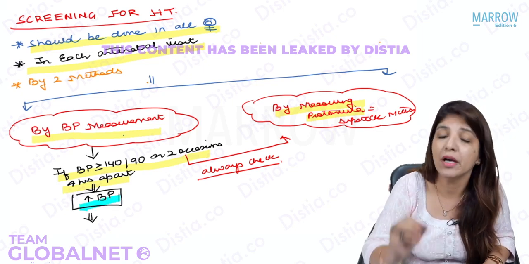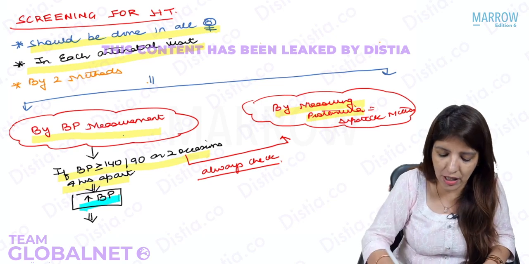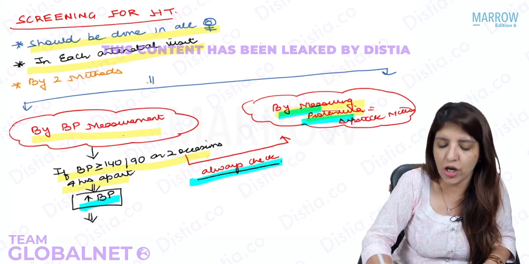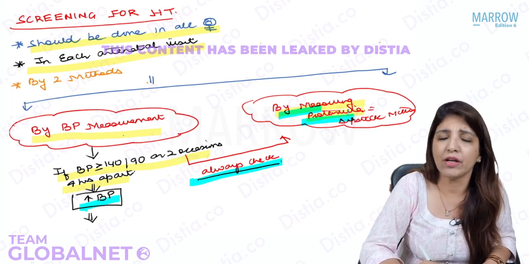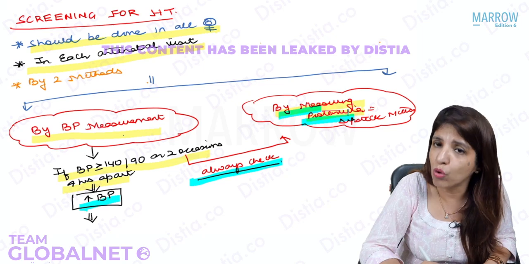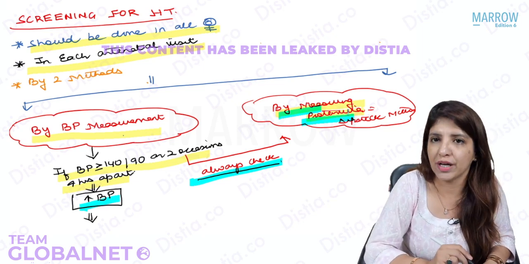And please remember, whenever BP comes more than or equal to 140/90, you always have to check the proteinuria levels. Right? So, in all pregnant females in whom BP is more than or equal to 140/90, you have to check their proteinuria levels.